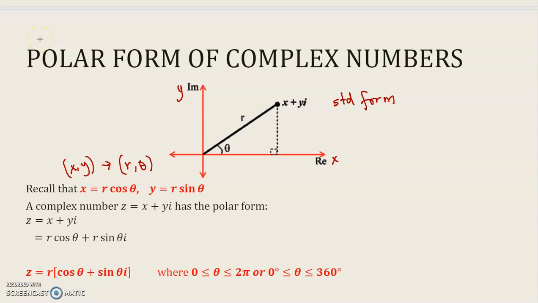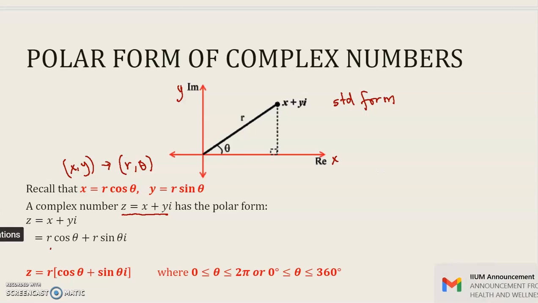So, a complex number in the standard form, let's say z is x plus yi. The polar form of this complex number would be r cos theta plus r sin theta i.